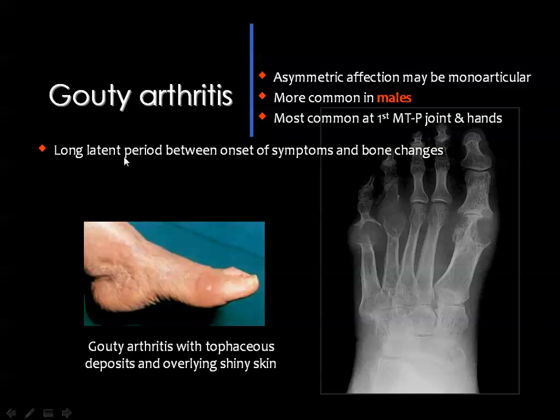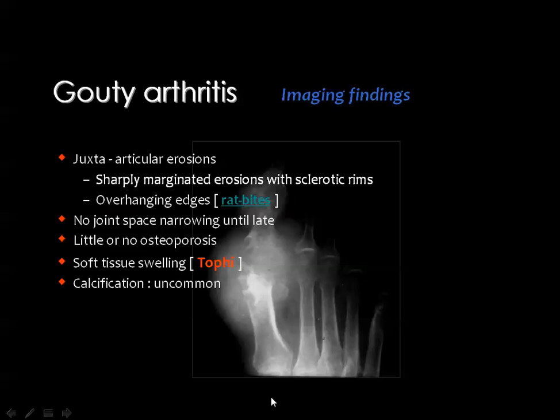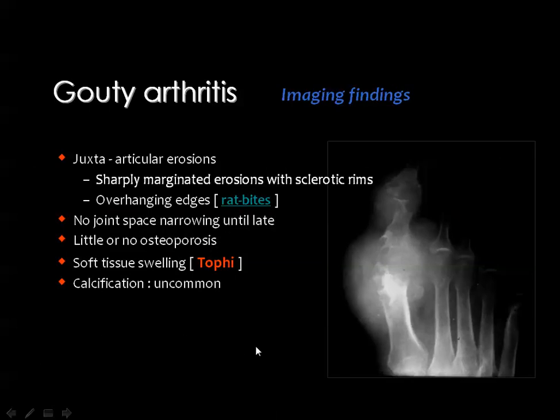Then a latent period between the onset of symptoms and the appearance of bone erosions may be present. And if you look here, you will see these manifestations, juxta-articular erosions. They are sharply marginated, clearly demarcated with a sclerotic rim, and they have an overhanging edge like rat bites.